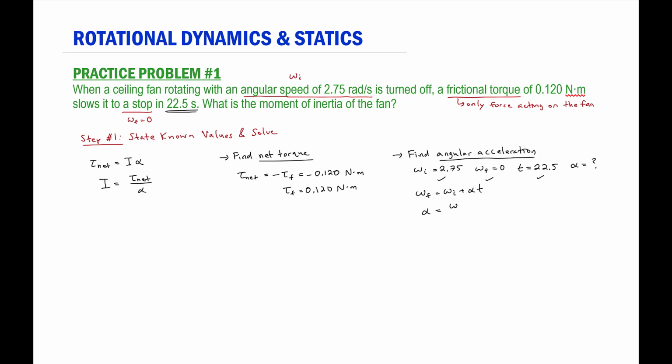So alpha is omega F minus omega I divided by t. We know that omega F is 0, so we end up with negative omega I over t, which is negative 2.75 over 22.5 seconds.